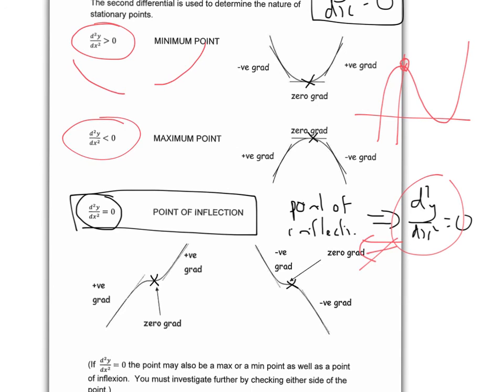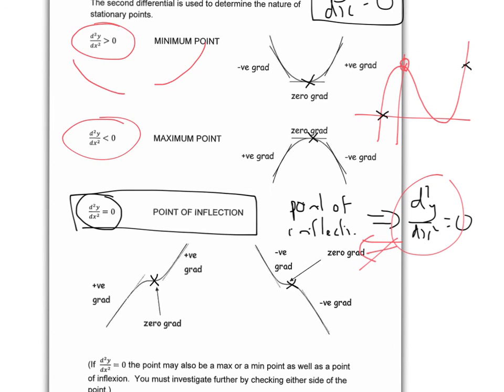Those are all fine. You couldn't, though, go for this value and this value. The reason is that this value here has gone too far away. This one here is fine, but this one here is too far away. This would suggest this is a point of inflection because here this has got a positive gradient, and here this has got a positive gradient. The reason is that you're not really investigating this turning point, you're investigating the combination of these two.